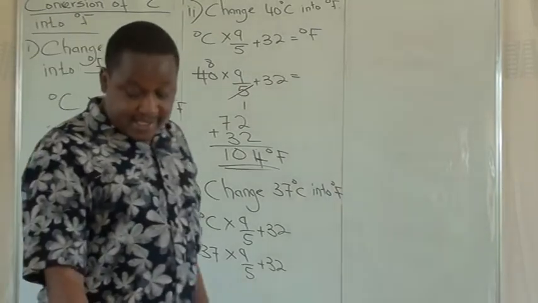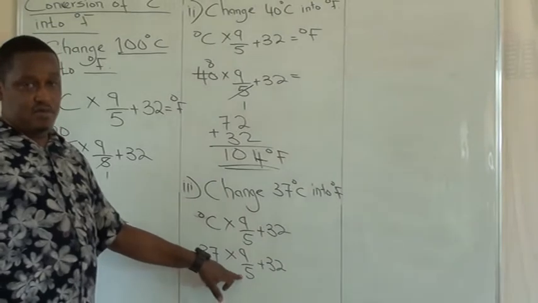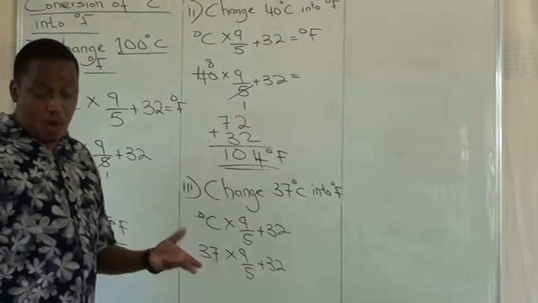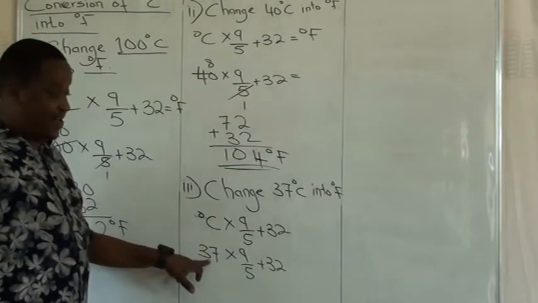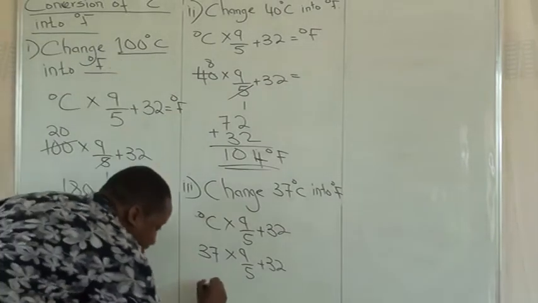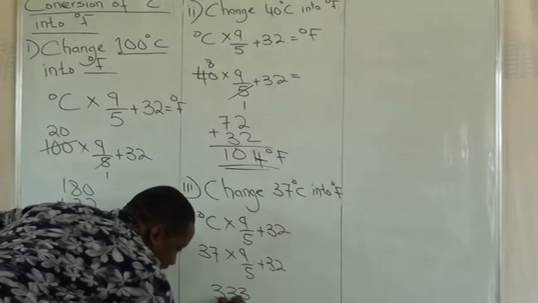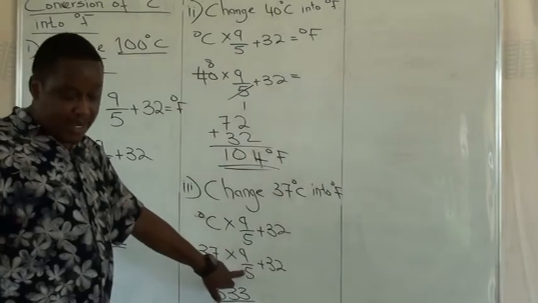Now if you look at this example, you will note that it is impossible to cancel 5 and 37. So what are you supposed to do? You multiply 37 and 9, and you end up with 333. And then from there, you divide by your 5, which is the denominator.